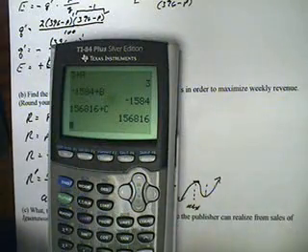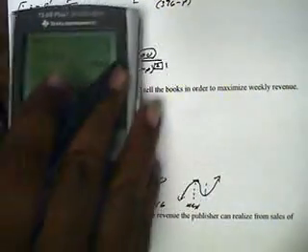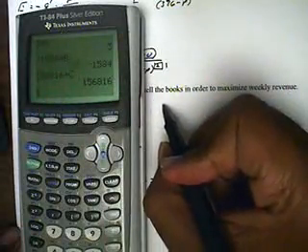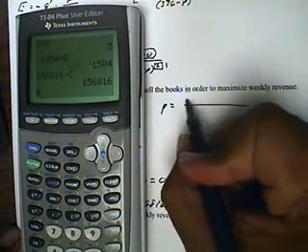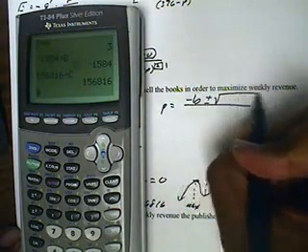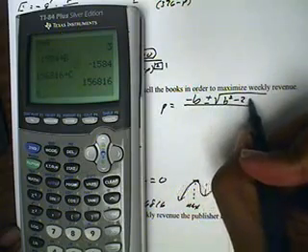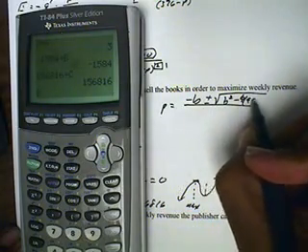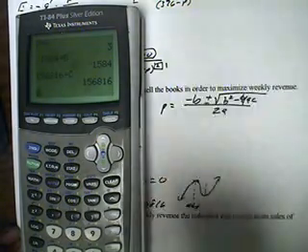Okay, and now we're going to build our quadratic equation, which is going to be P equals opposite of B plus or minus the square root of B squared minus 4AC all over 2A.